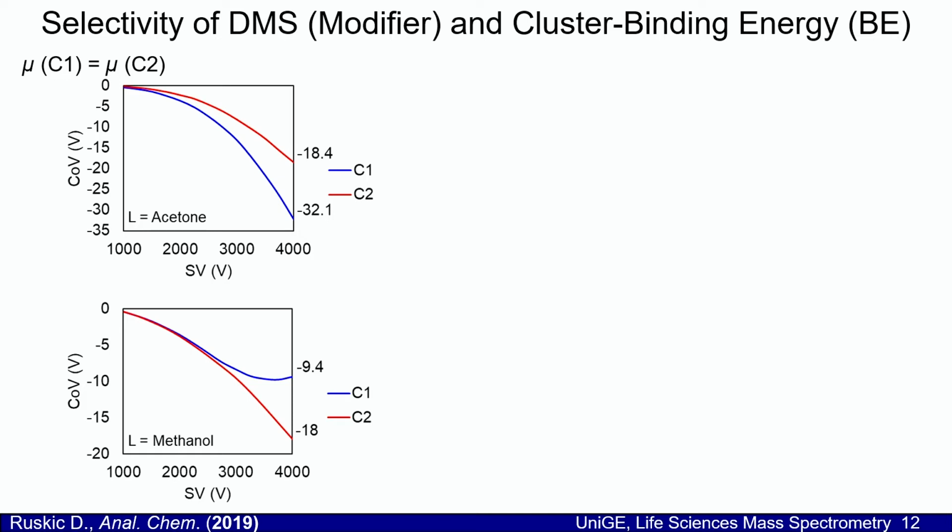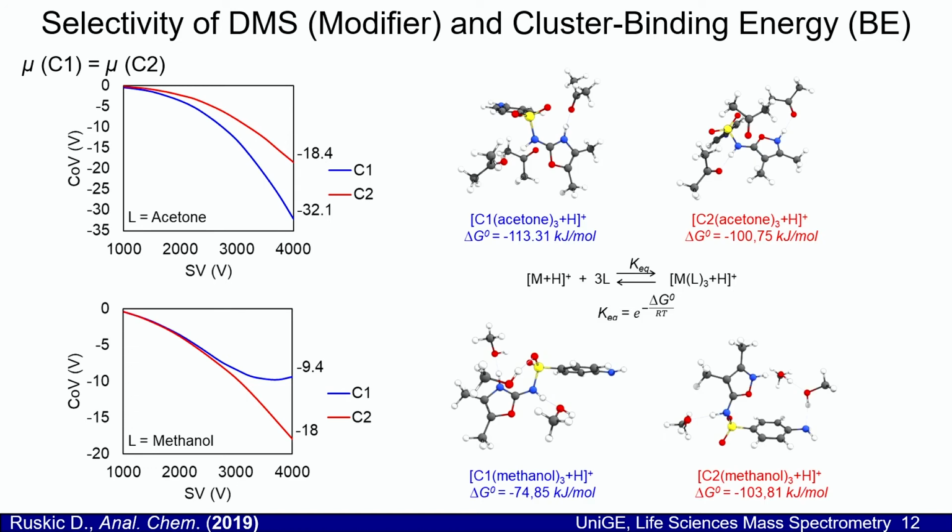Here are two isomeric molecules again, and here acetone is used as a modifier, and here methanol. What you can see on these dispersion plots, red, blue, blue, red, means inverting selectivity. And this is calculated using a DFT approach, the cluster binding energy, which you can see correlates quite nicely with experimental data.